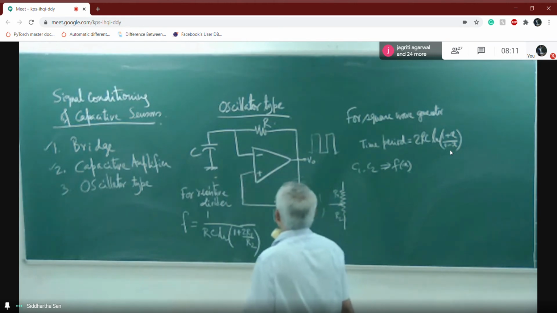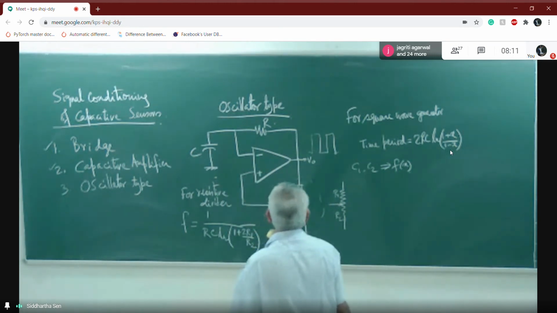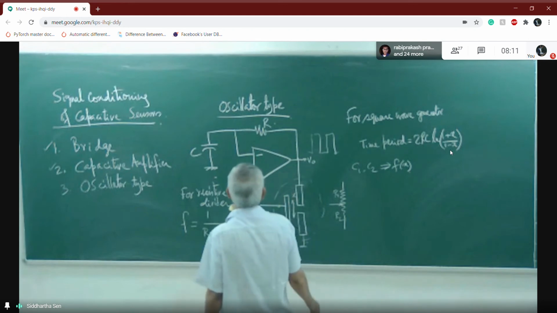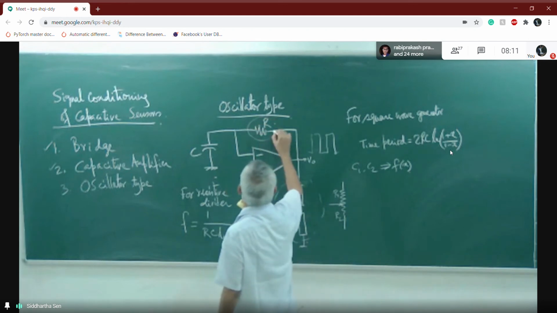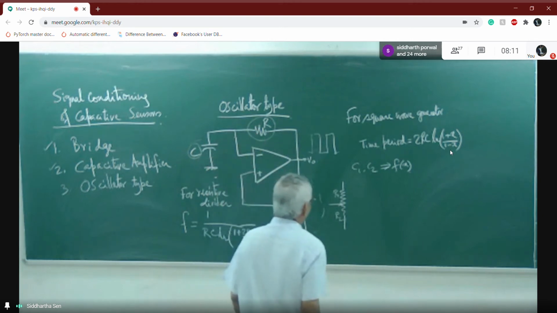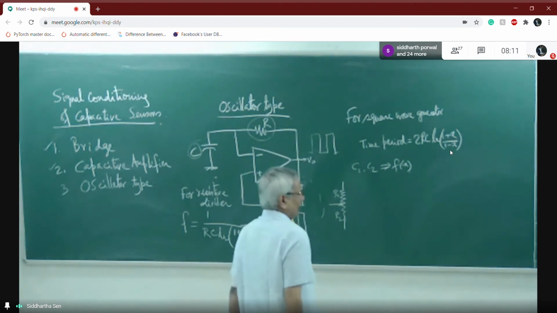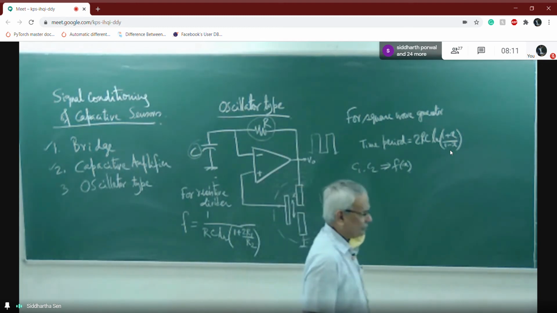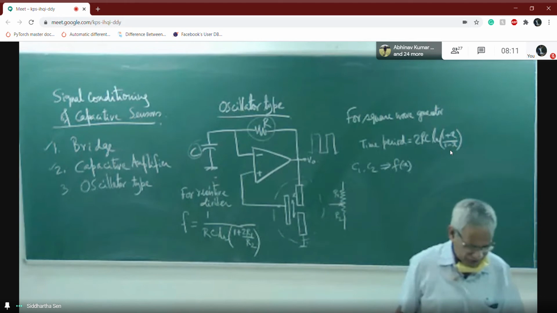The only problem is that performance depends upon R and C. If R and C are not exactly as designed, the frequency will change.